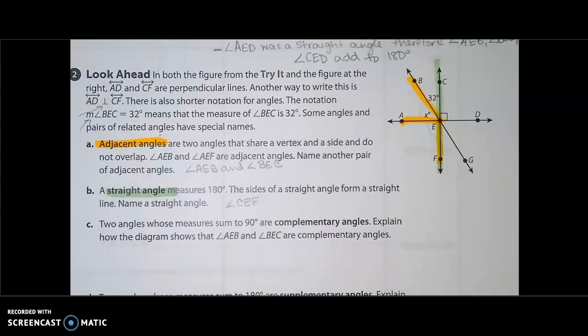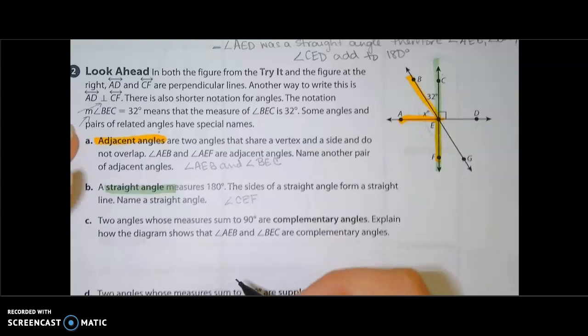Two angles whose measures sum to 90 are complementary angles. Explain how the diagram shows that AEB and angle BEC are complementary angles. So we can talk about the fact that since this one's a right angle, then the other side has to be a right angle. We can talk about all of that.